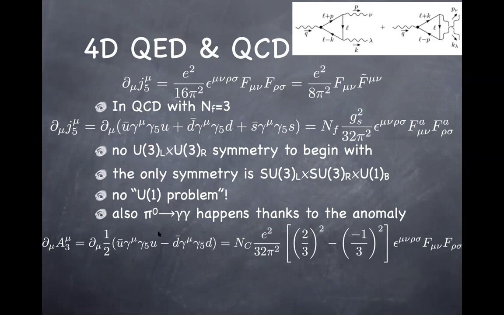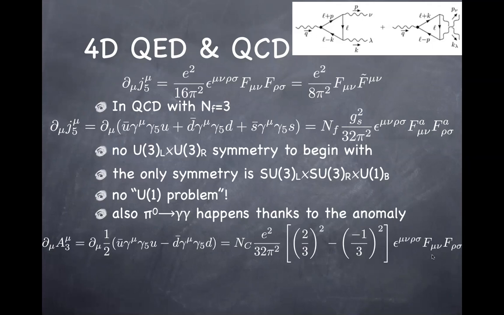And it turns out that this current, again, is not conserved, because if you actually put that into this triangle diagram, you compute a diagram with the up quark inside the loop, then you pick up quark charges twice, that's (2/3) squared. Here is the minus sign. And you pick up the triangle diagram with the down quark, so you pick up the down quark charges twice. And the quarks come in the multiplicity of the number of colors, that's 3. So you expect that this divergence of the axial current is given by this expression.